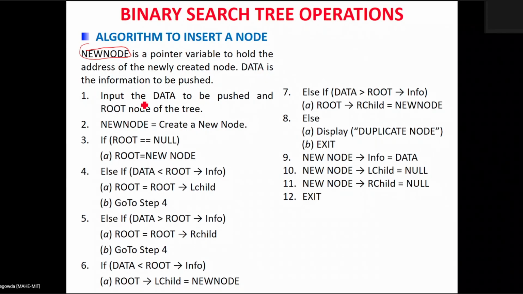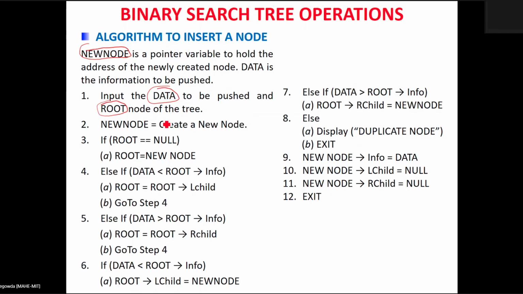In the first step, you have to take the input. Input the data, meaning which value you want to insert. That is inputted and stored in the variable called data. You also need the pointer value, or the address, of the root node of the tree.